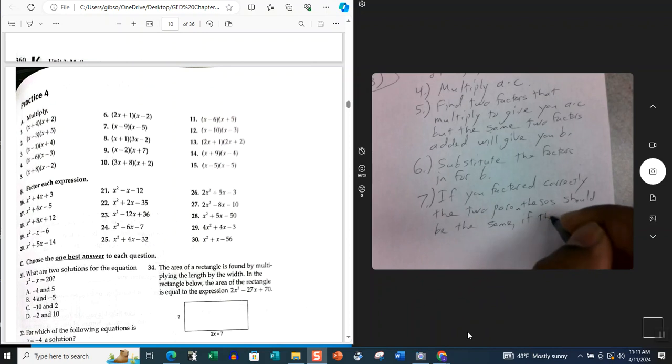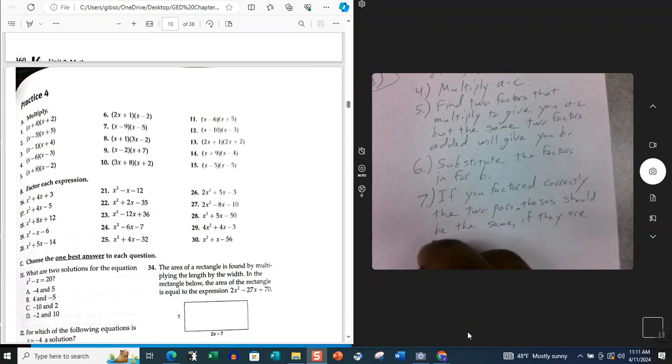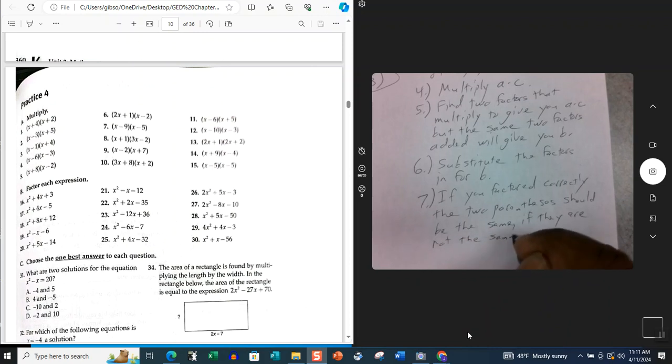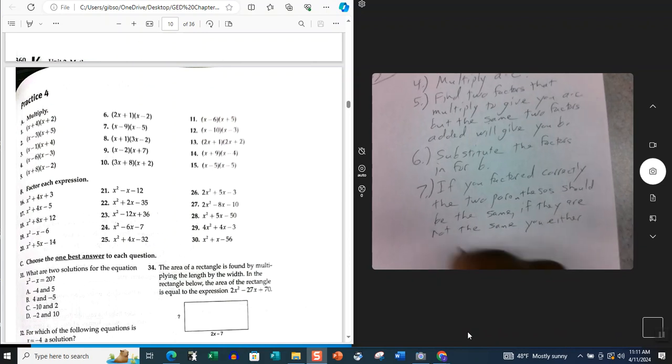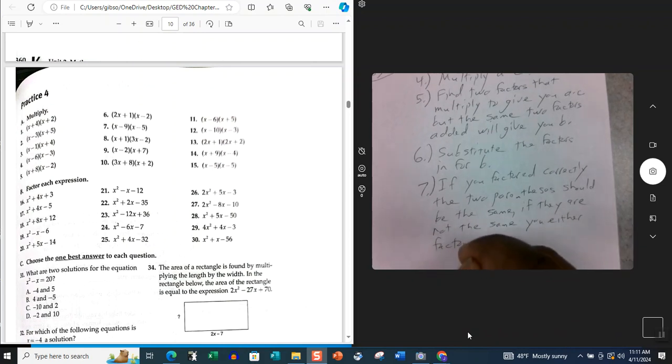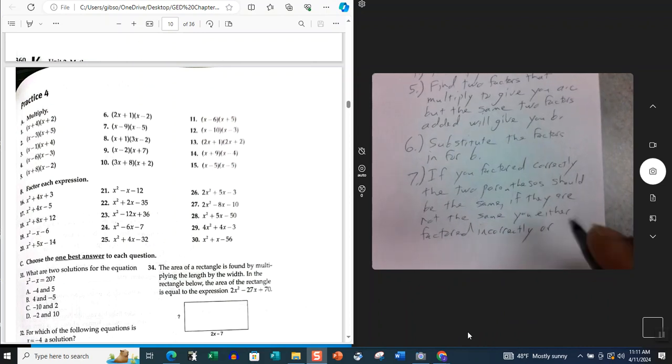If they are not the same, you either factored incorrectly or it was already factored.